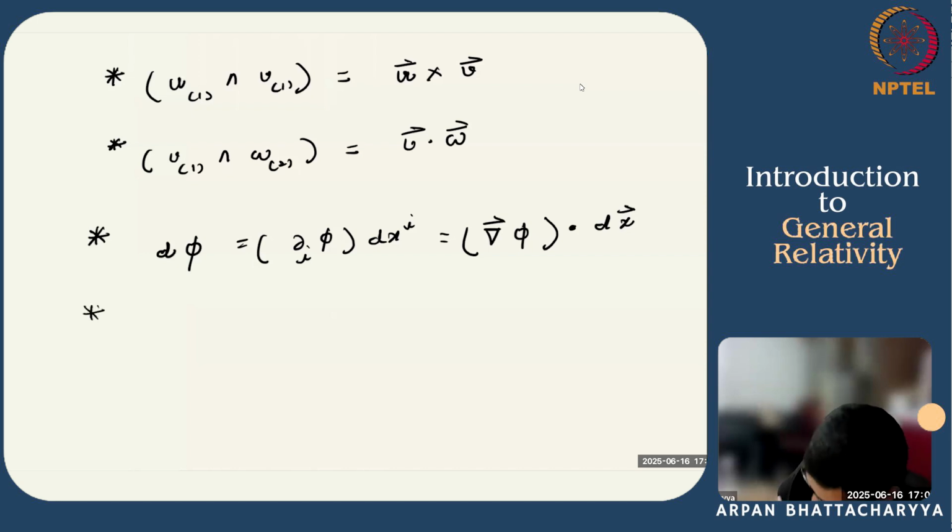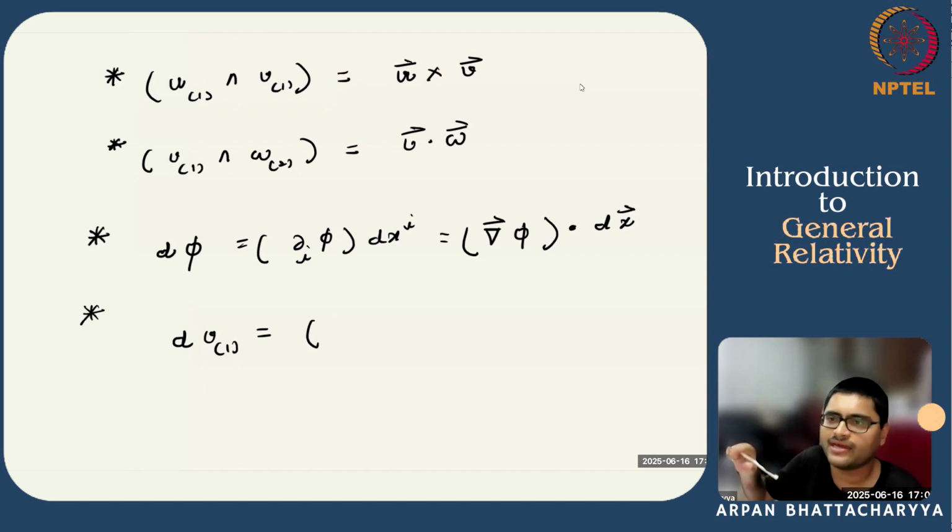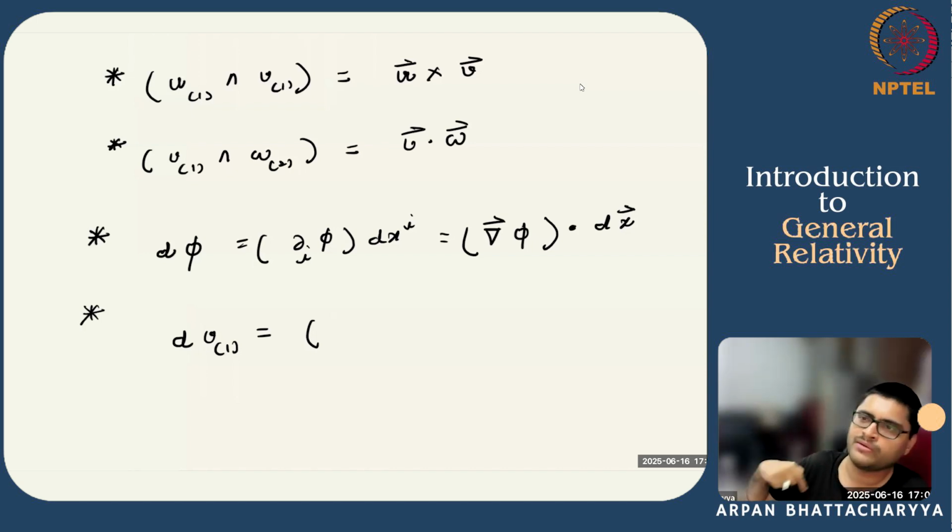Then let's take the one form V1 and take a d. So we can again write it down explicitly. Remember the definition of d. A one form V1, you can write as Vi dxi in components, so one index. So d will give you a partial del j.